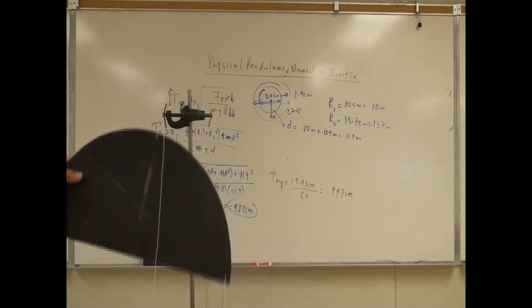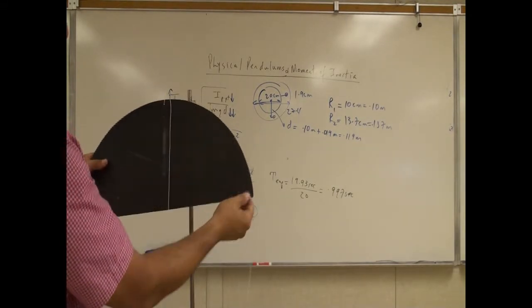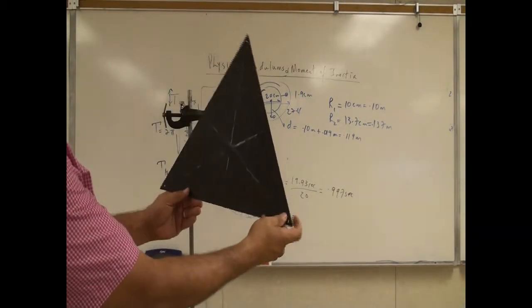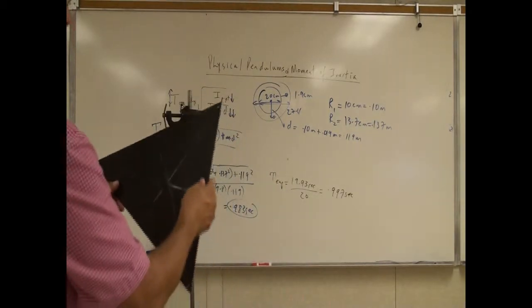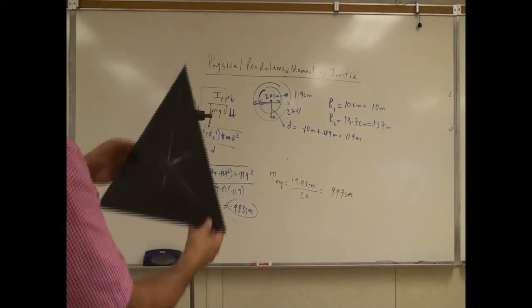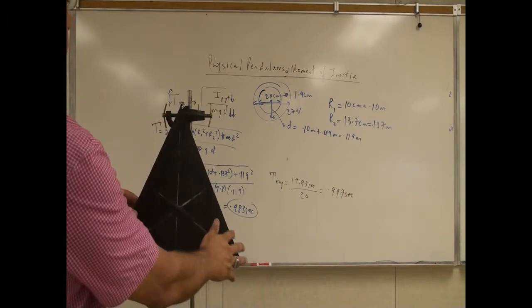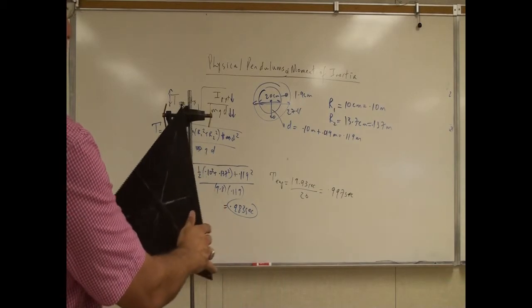So you're taking half of an ellipse, and you can either rotate it about the top or rotate it about here. Or you can get a triangle, right? Any kind of triangle, or any other kinds of shapes, right? And rotate it. So let's say I rotate it from this top right here. Okay. Go like this. And then let's measure the time.